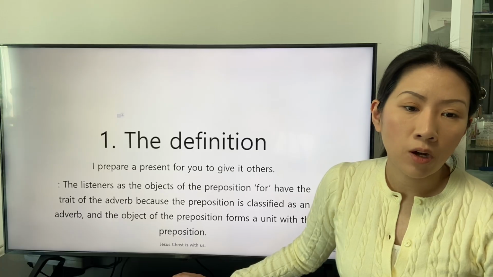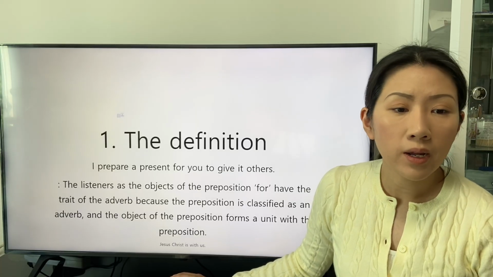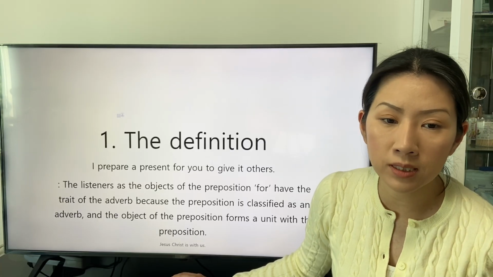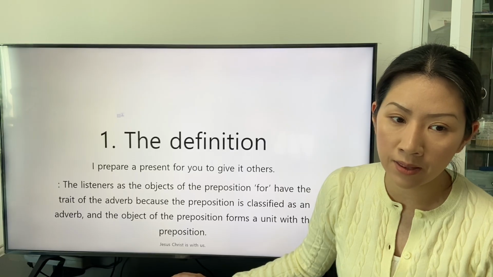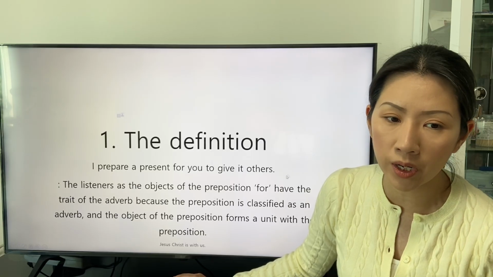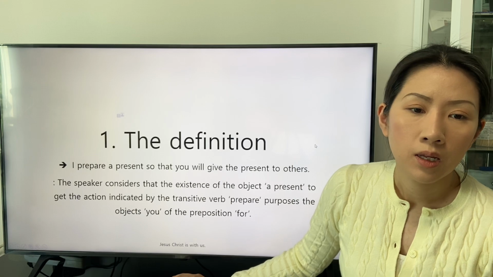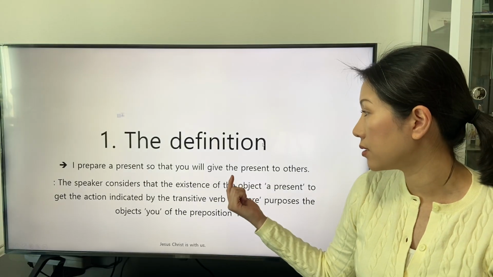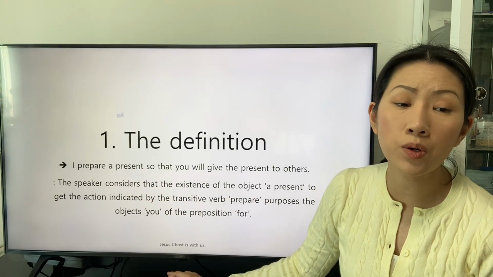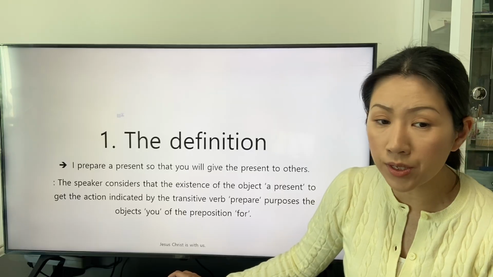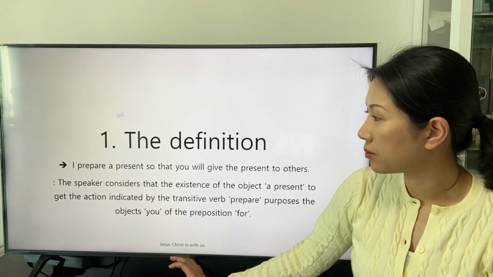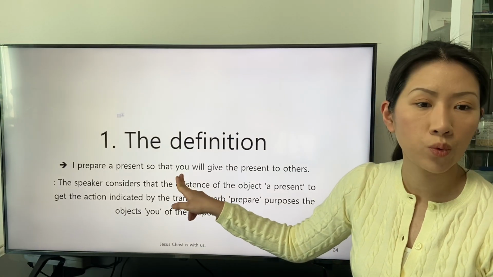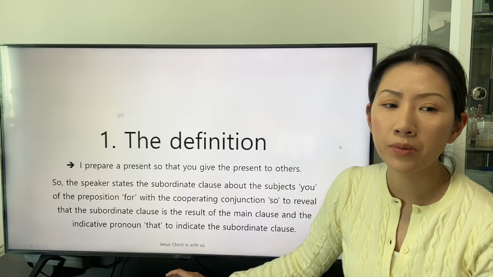The listener says the object of the preposition for has the trait of the adverb because the preposition is classified as an adverb and the object of the preposition forms a unit with the preposition. The speaker considers that the existence of the object, a present, to get the action indicated by the transitive verb prepare proposes the object you of the preposition for.